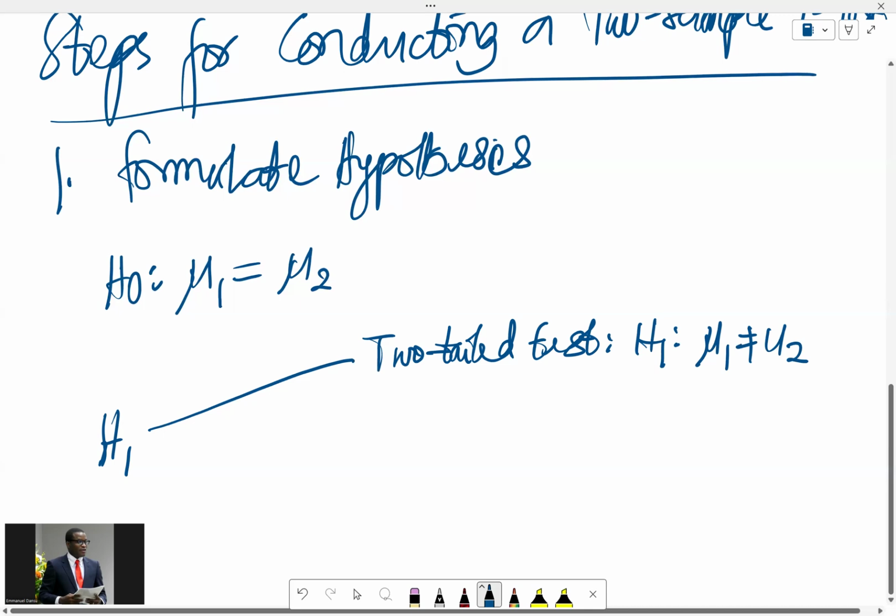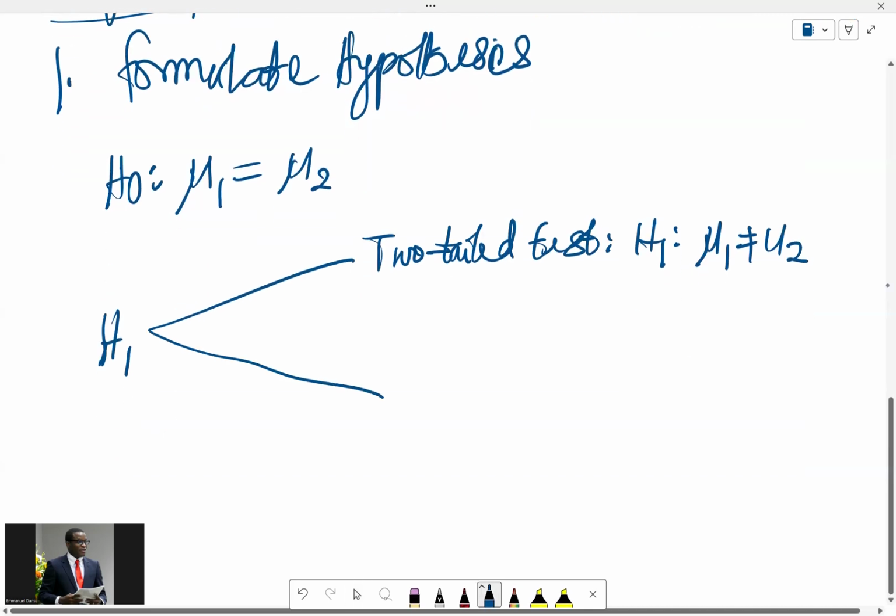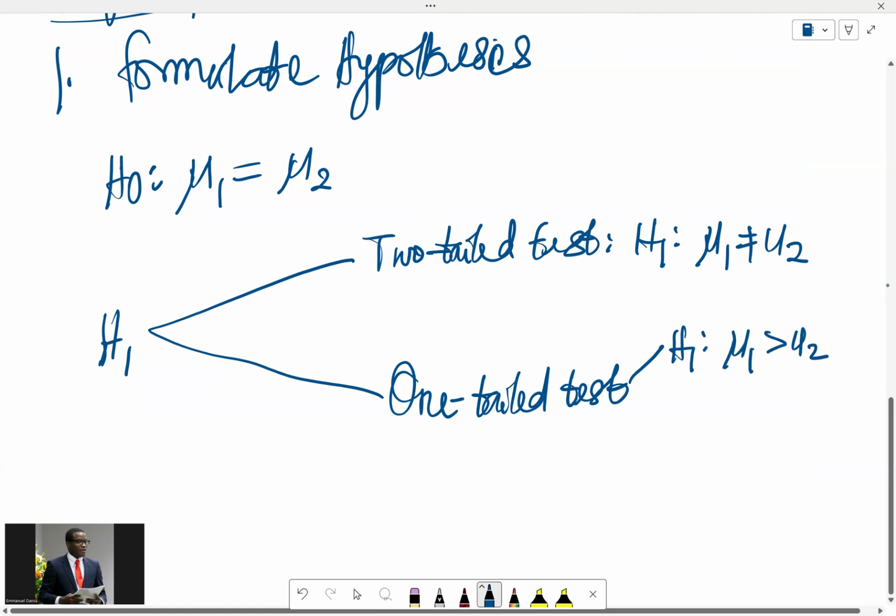That's one way to go. Then if it is a one-tailed test, there are two possibilities again. It's either that H1 is such that mu1 is greater than mu2, meaning the population mean of the first population is greater than the population mean of the second population, or H1 can be that mu1 is less than mu2.